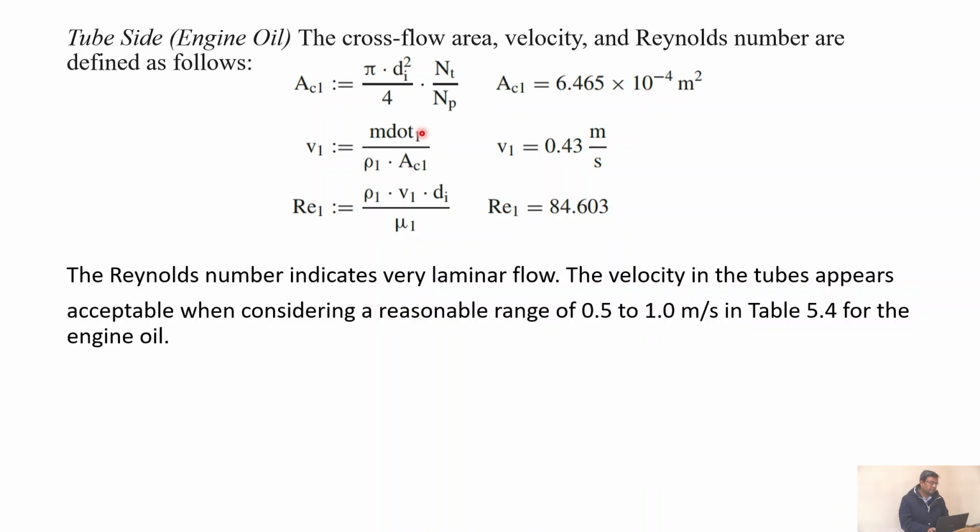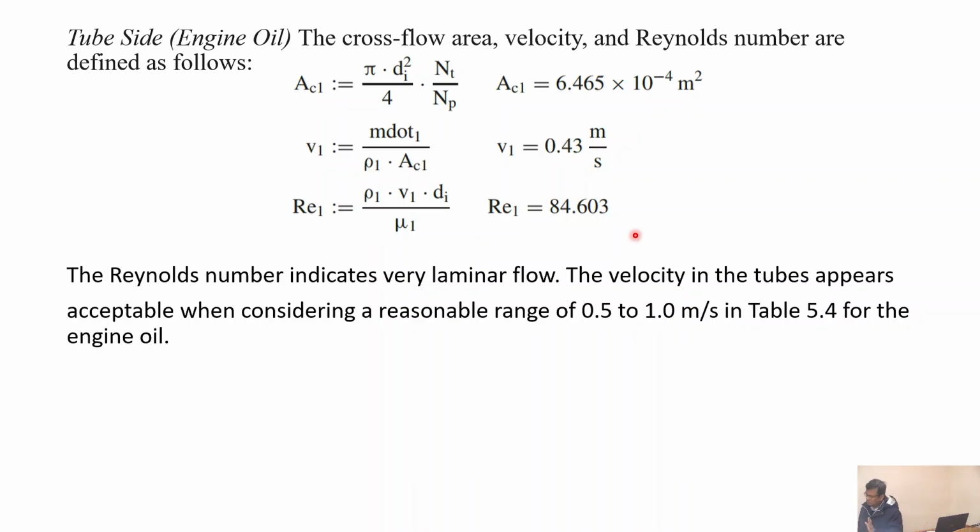So we can calculate a cross sectional area, cross flow area for tube flow. Then we can use that area and also use the m dot information. There will be an m dot flow through tubes. So we can use this to get v1, that is velocity through the tubes, and we can then calculate a Reynolds number.